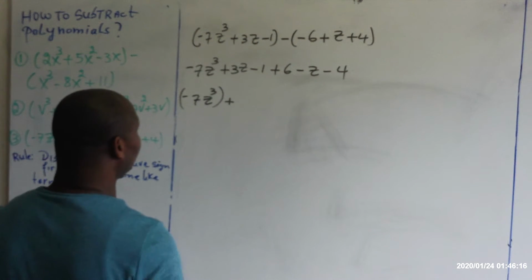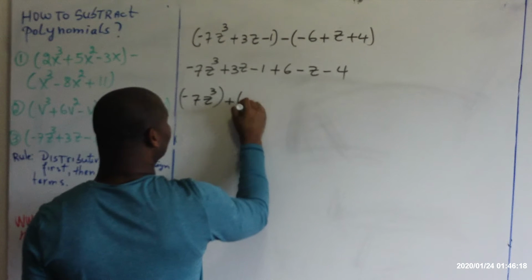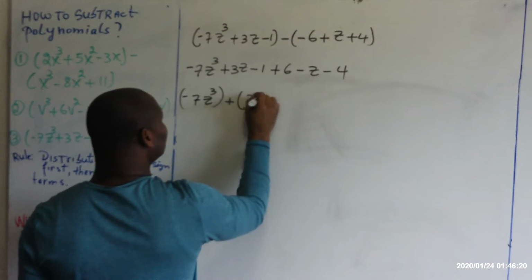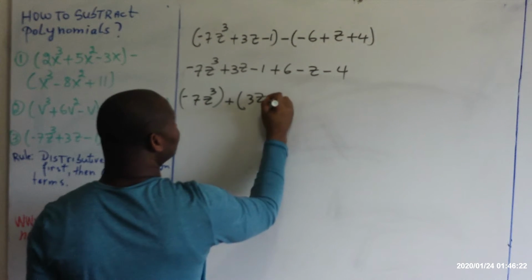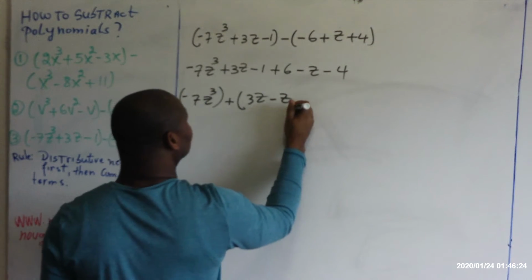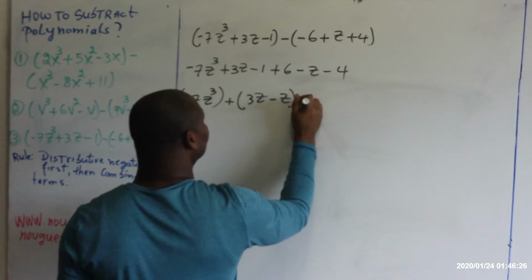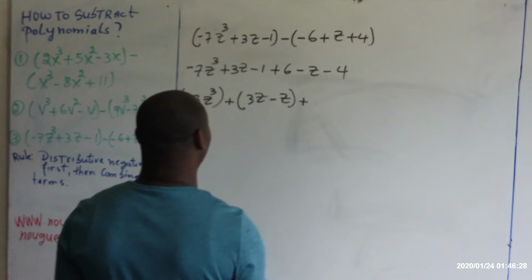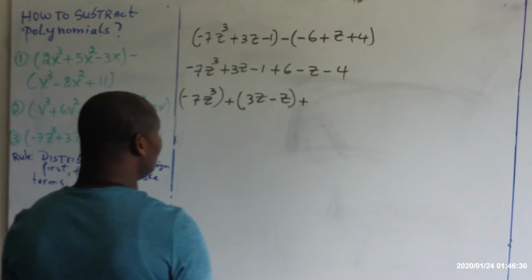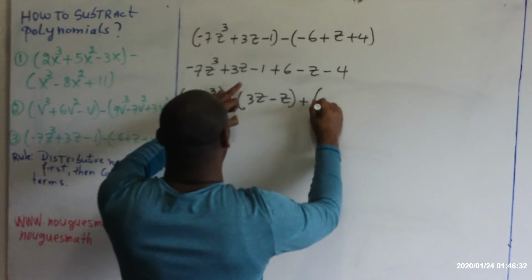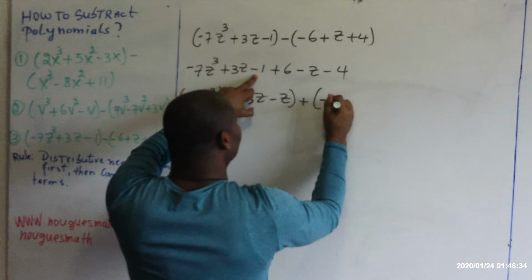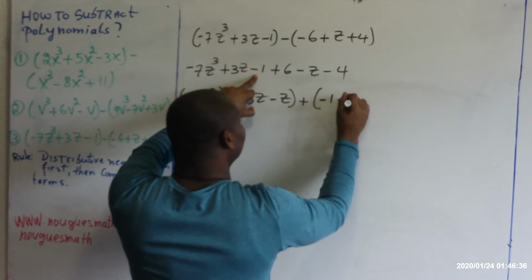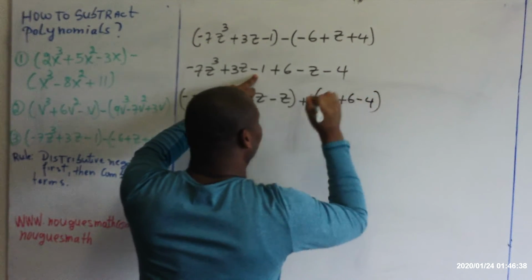Okay, we don't have square. Let's take z. 3z minus z. Boom. Okay. After z, we'll take numbers. Okay. Numbers. Negative 1 plus 6, negative 4.